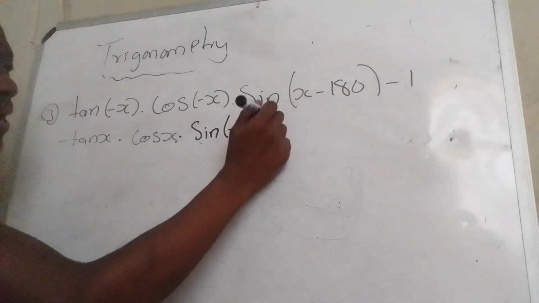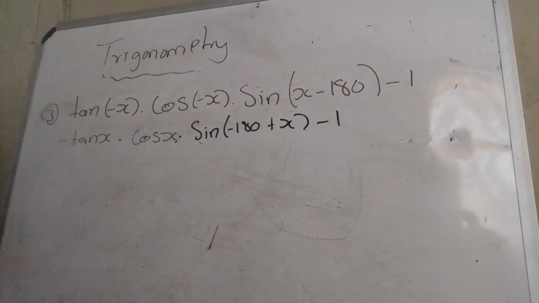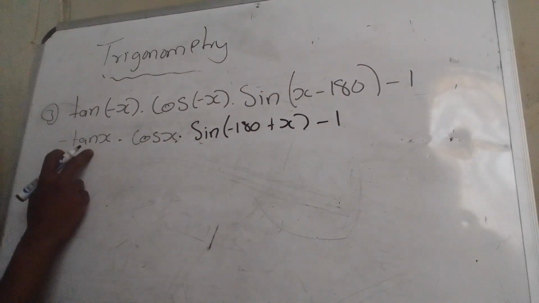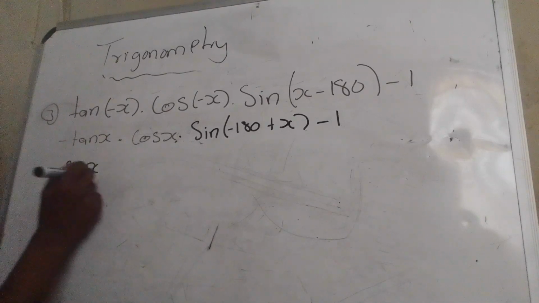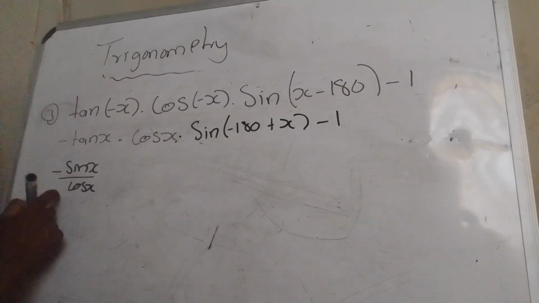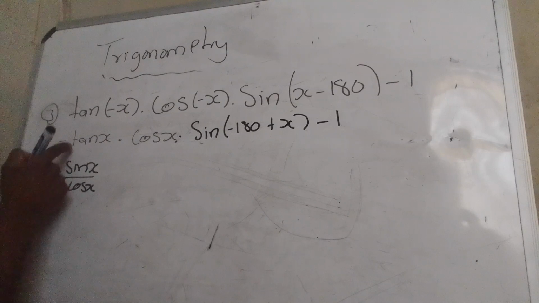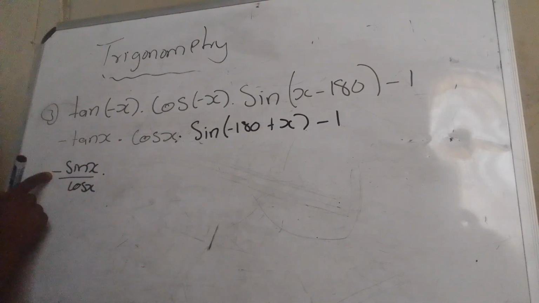Then here, which sign is it, minus 1, right? So from here, tan changes to negative sine x over cos x. Guys, the negative must be 1, right? Two negatives cancel each other so this is positive, which is wrong. So the sign must be 1. So times negative, this must be 1.